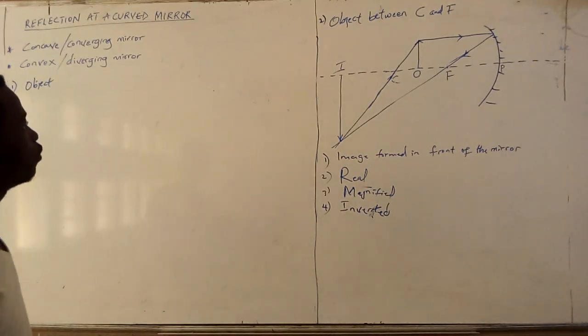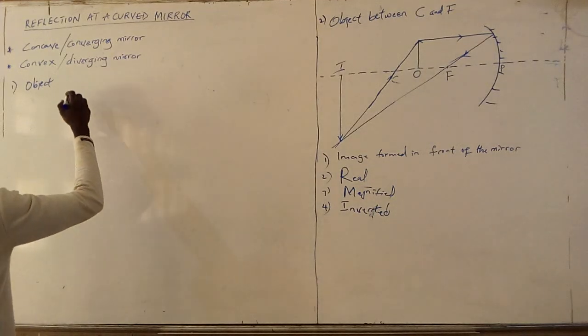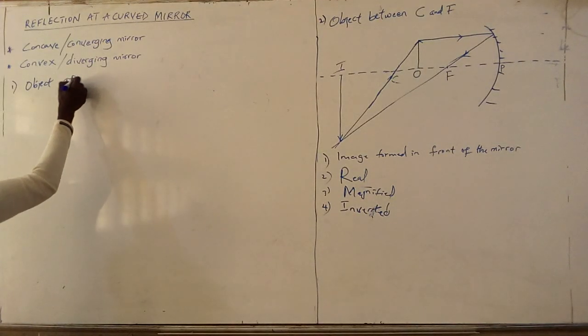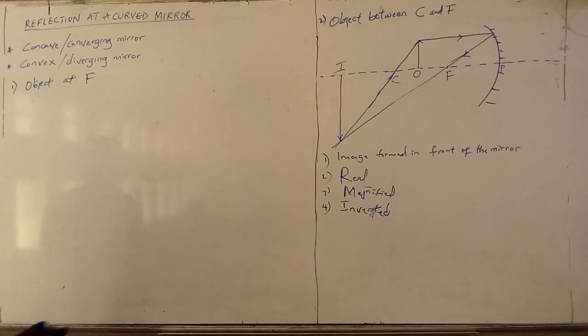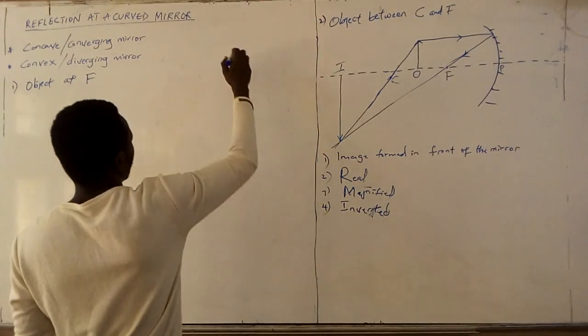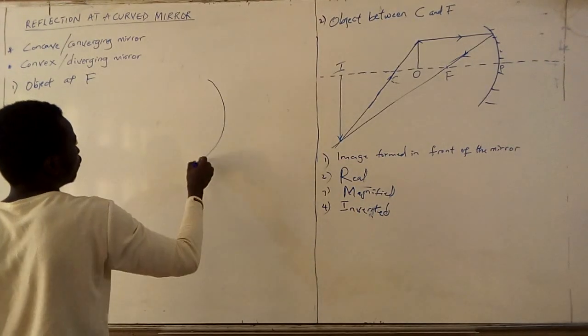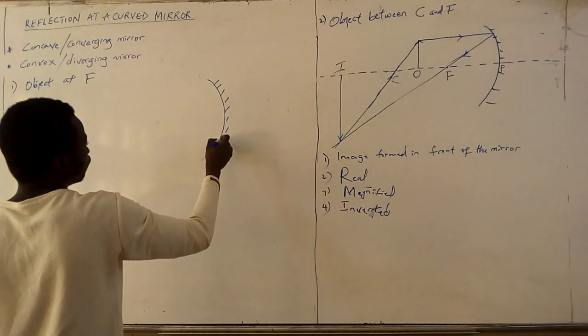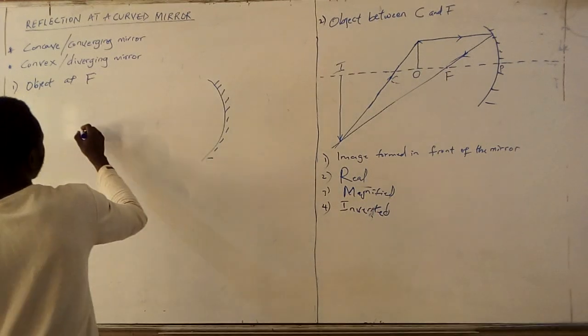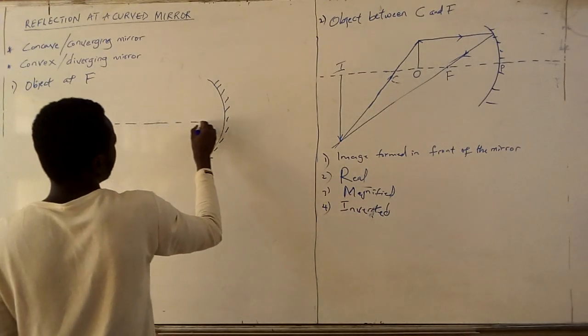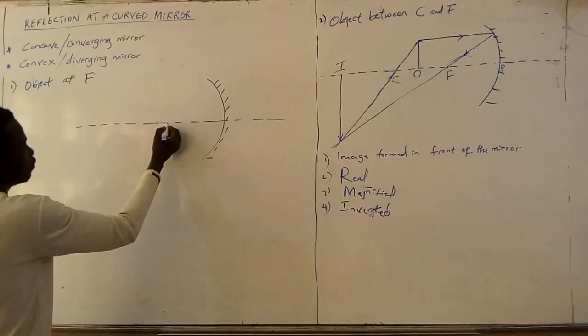The next one we're going to look at is object placed at F. Object at F. So when we have curved mirror this way, this is the principal axis.